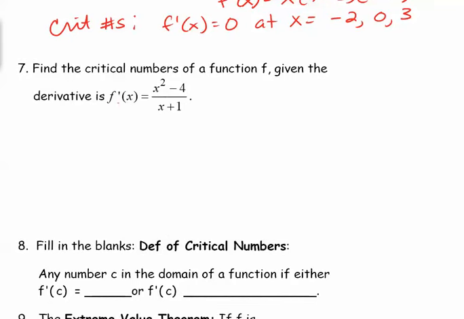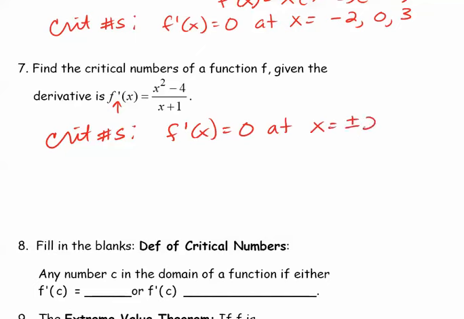So we already have the derivative given here. So for our critical numbers, f prime, and we better say that we have critical numbers in two categories. F prime of x is equal to 0 when the numerator is equal to 0, so that would be at plus or minus 2, and f prime of x is undefined.